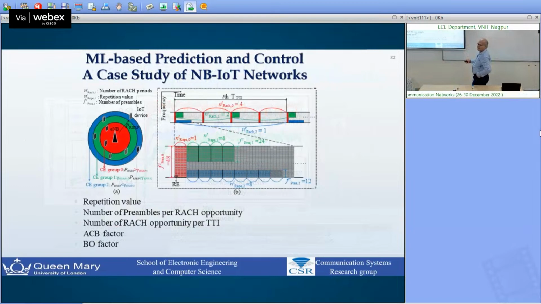Yesterday, in the random access, we haven't considered those three factors, we just considered estimating the load.